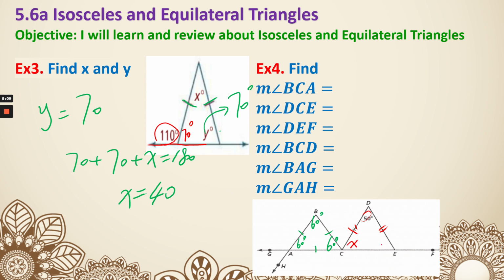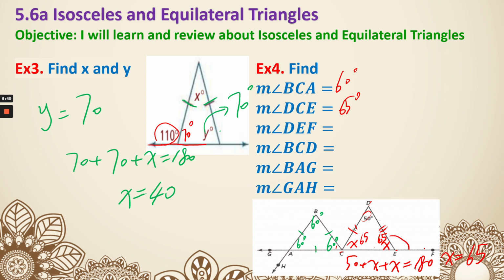Let's have a look and complete the blanks, the questions. Angle BCA, right here, is 60 degrees. DCE, right there, is 65. DEF is supplementary with 65, so it's going to be 115 degrees. BCD, this one, we see 60, 65, and they're making a straight angle.